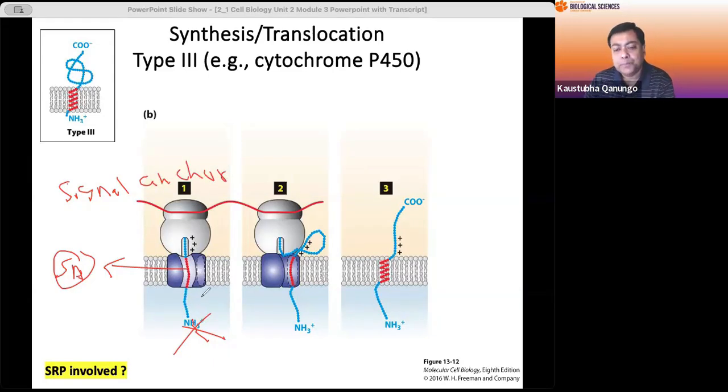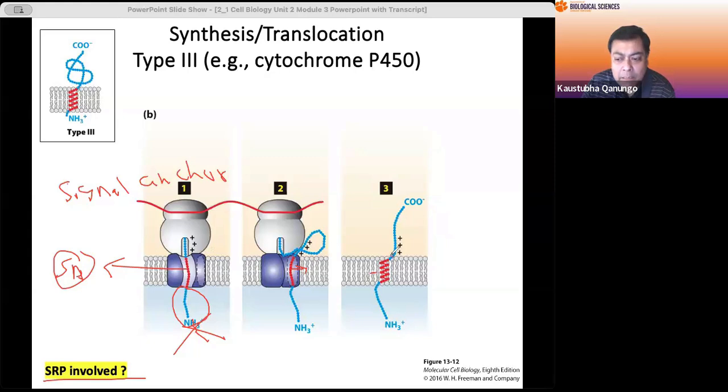What is happening? The N-terminal part is going to be synthesized in the cytosol. When this part comes in, we think that there is an SRP involved, though it is not very clearly known, or some chaperone protein, if not exactly SRP, that will bind to this signal anchor sequence, bring it to the translocon, and arrest the transfer and the translation so that it can diffuse through here into the membrane.